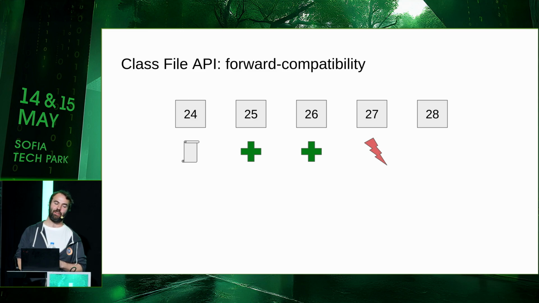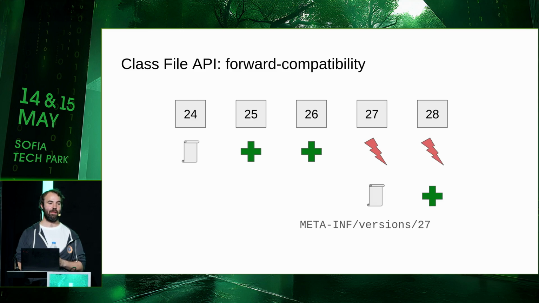The way OpenJDK wants that to happen is that you add basically a META-INF multi-release class version of the class file processor to your jar, and then it will support Java 24 and Java 27, because that's the disadvantage. If I compiled everything with Java 27 now, you would have to update anyways.